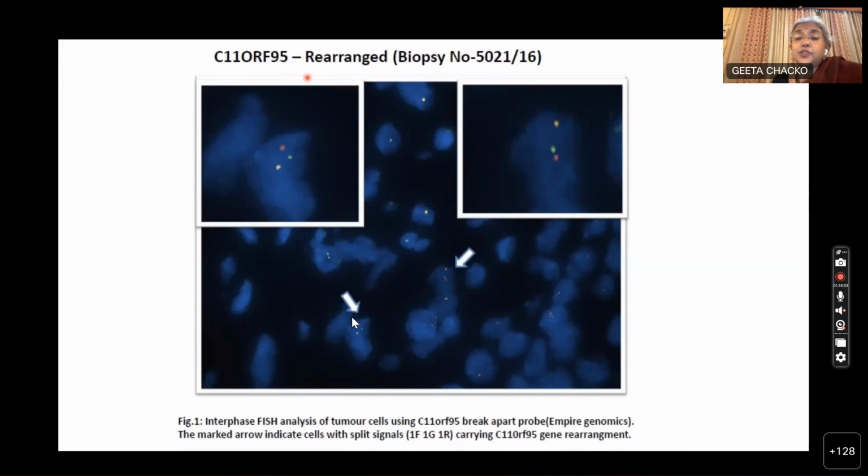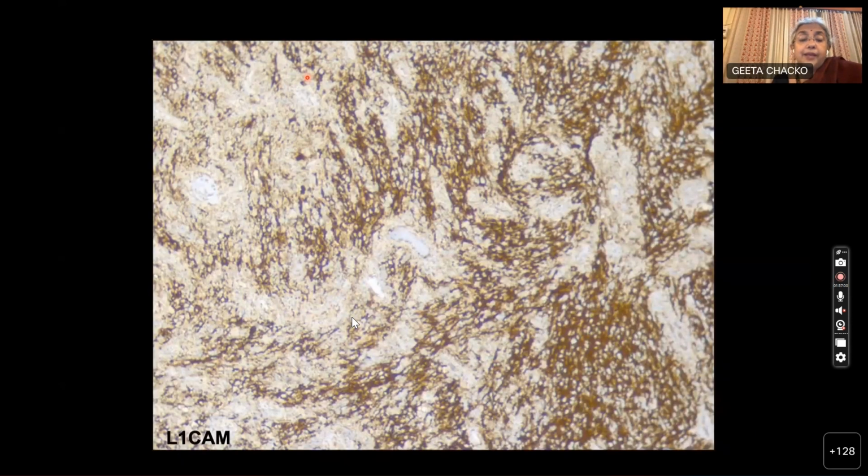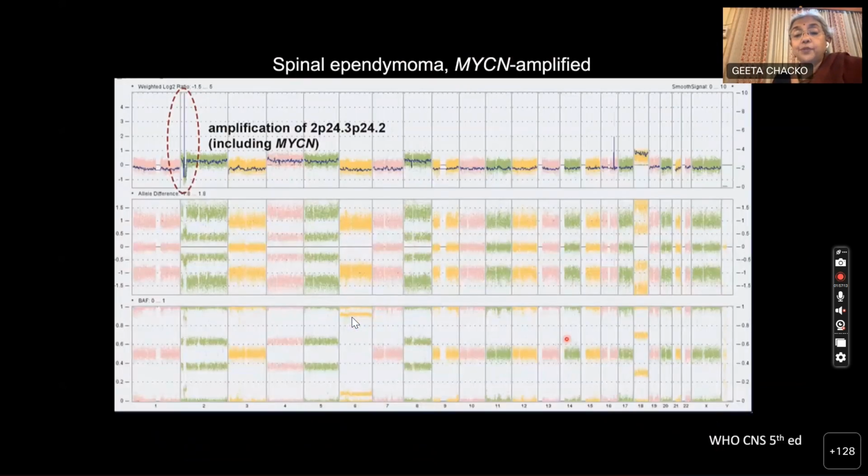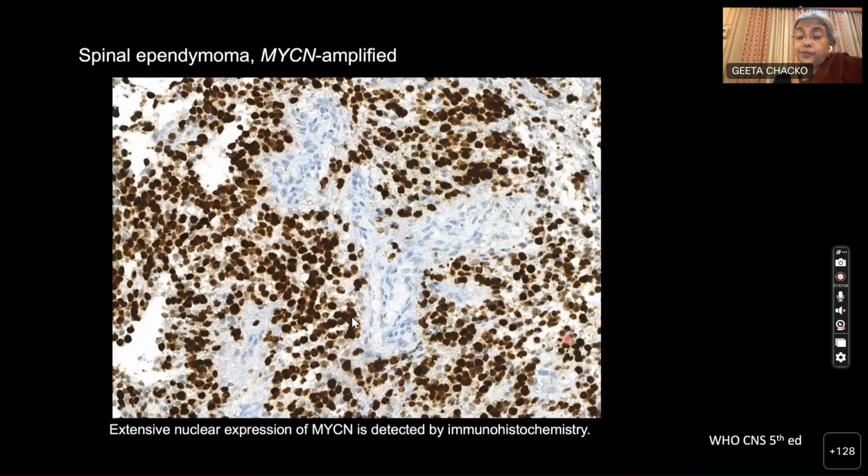But like I said, RELA is not the only fusion partner, and one surrogate marker for the supratentorial ZFTA fusion cases is a protein called L1CAM, and that shows positivity in the cytoplasmic processes in supratentorial tumors that are ZFTA fusion positive. In the spinal ependymomas, not all of them, but the ones which look high grade, one can suspect a MYCN amplification, and this can be looked at molecularly or with FISH.